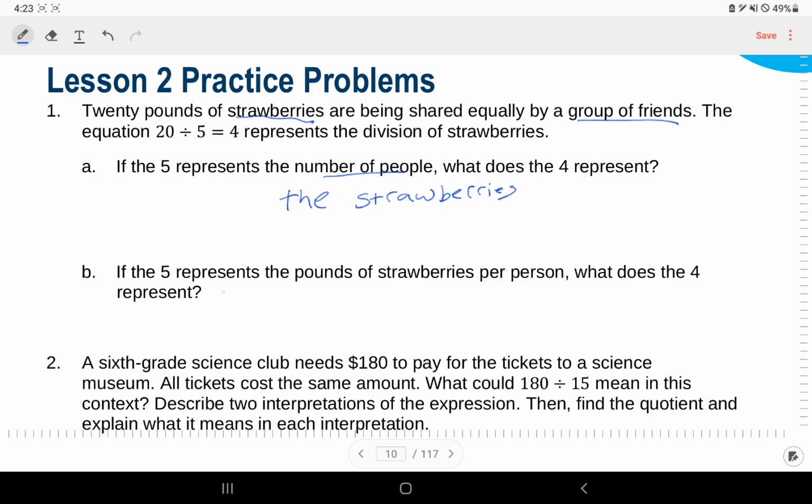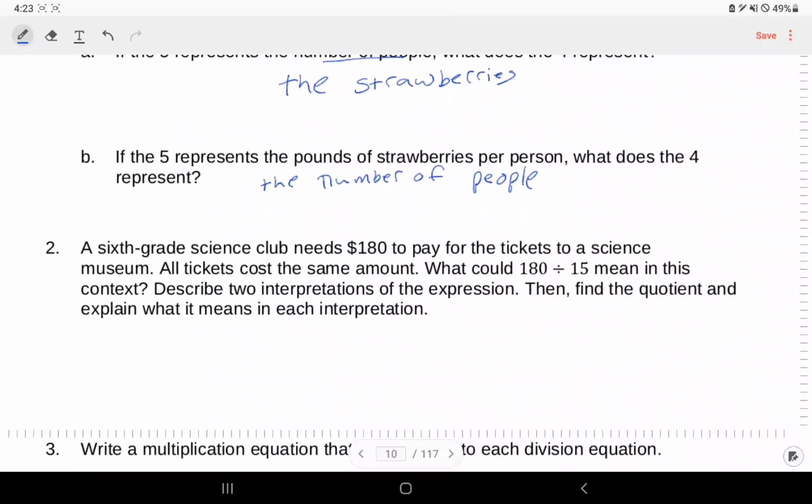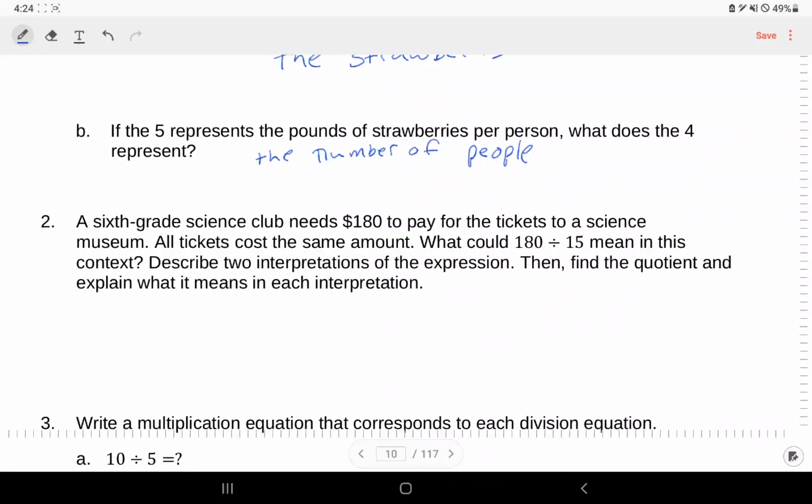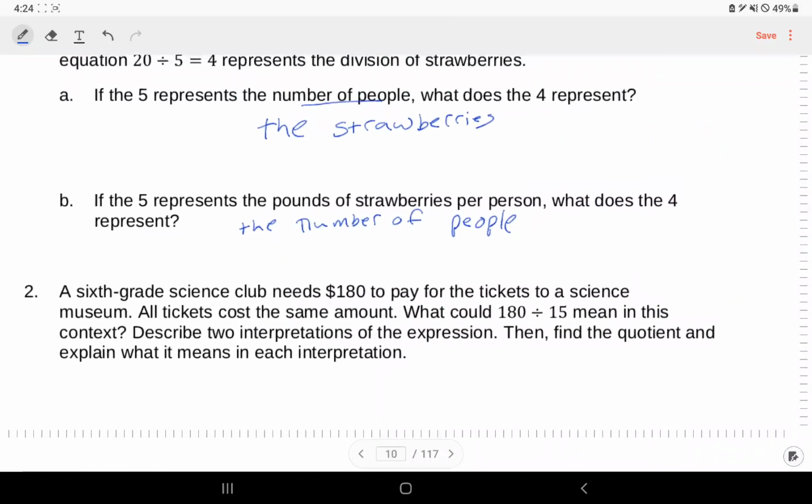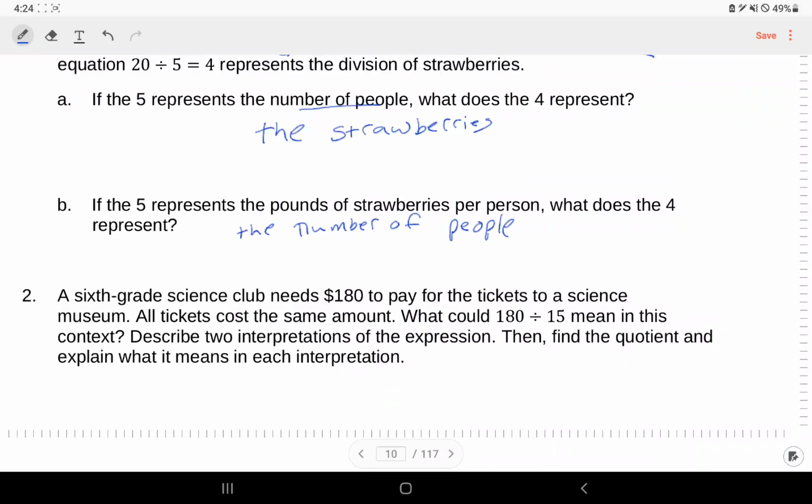Now, if 5 represents the pounds of strawberries per person, then the 4 would have to be the number of people. Since those are the only two quantities, if 5 becomes the strawberries, then the 4 has to become the people.